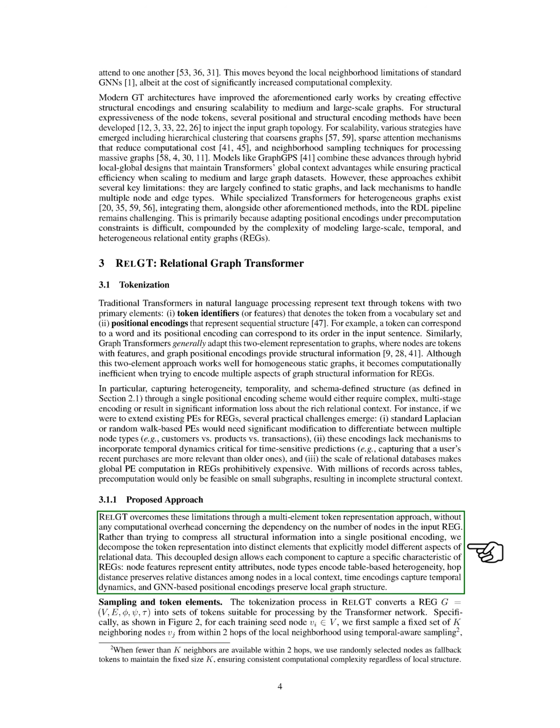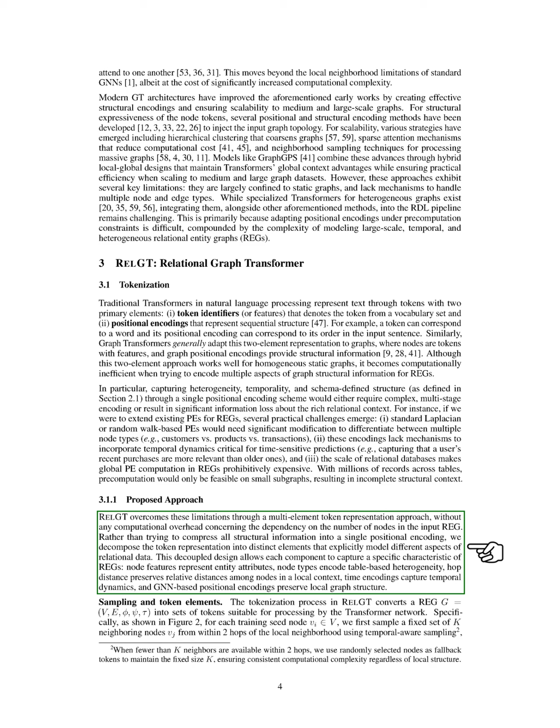Our proposed approach, RELGT, addresses these limitations by using a multi-element token representation that does not add computational overhead based on the number of nodes in the input relational entity graph. Instead of compressing all structural information into a single positional encoding, we break down the token representation into distinct elements that explicitly model different aspects of relational data.